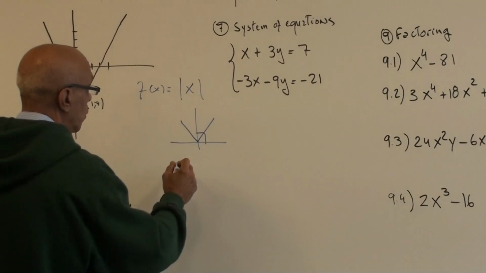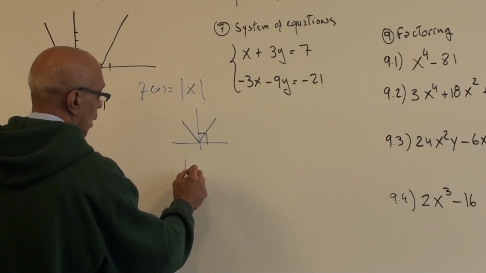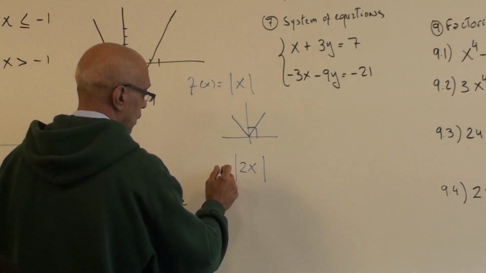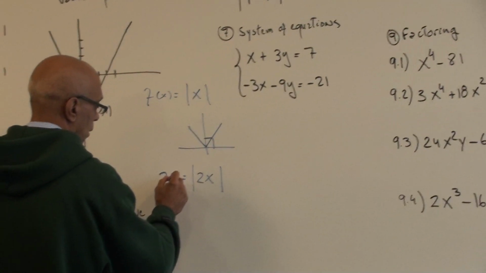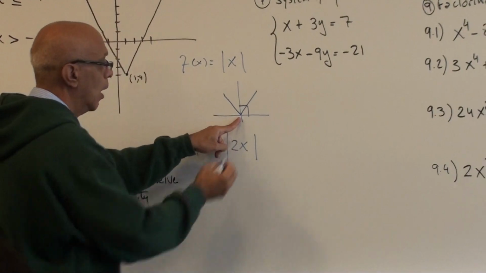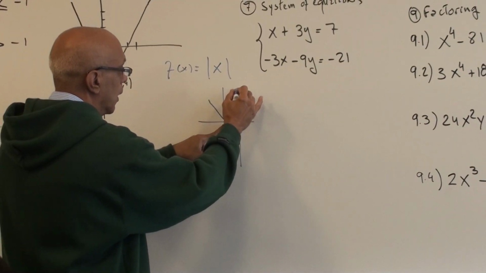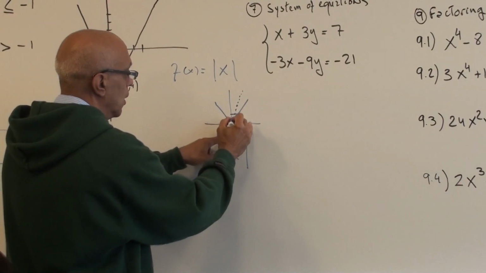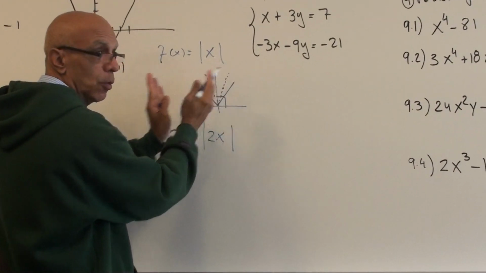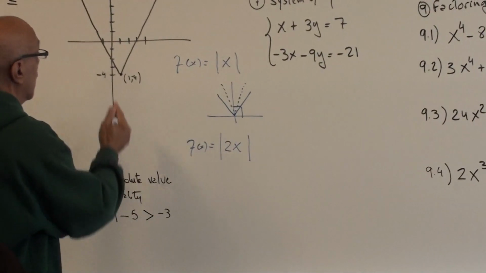If I introduce 2x, for instance, what's going to happen is now this slope here is going to change. It's going to be 2, so I'm going to have a point like that. So the v now is closer to the axis, right?